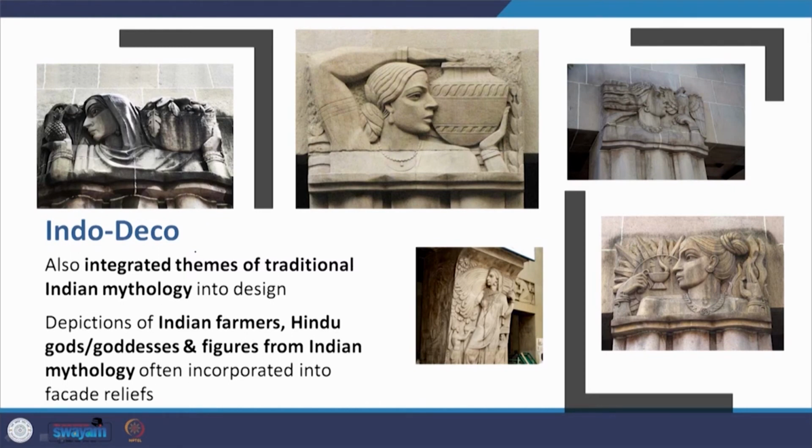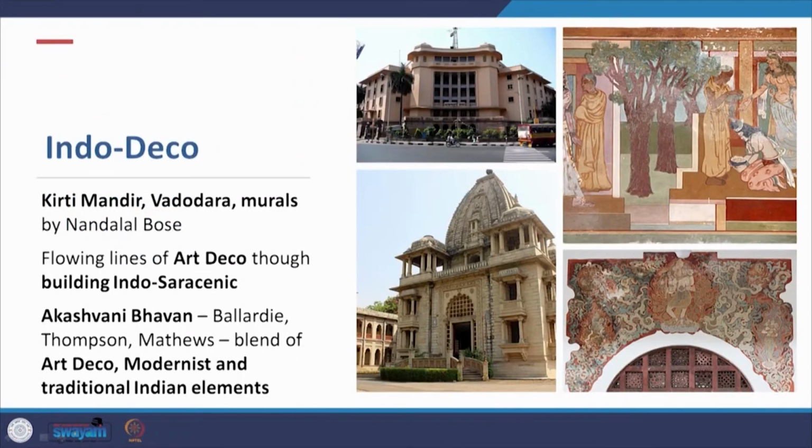These were made a part of the facade relief. Indo Deco continued, for example, in the Kirti Mandir in Vadodara, where there were murals in this building by Nandlal Bose. The only thing is the building itself is in Indo-Saracenic style, but the murals that you see that he made here are a part of Indo Deco.